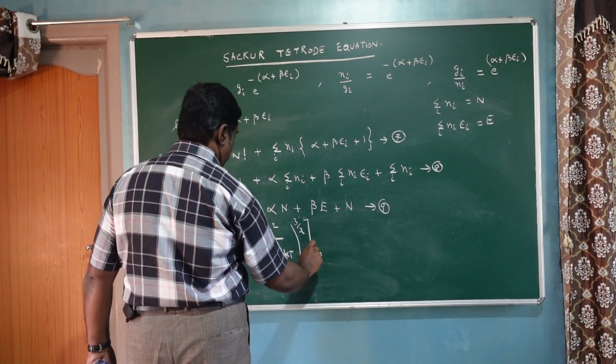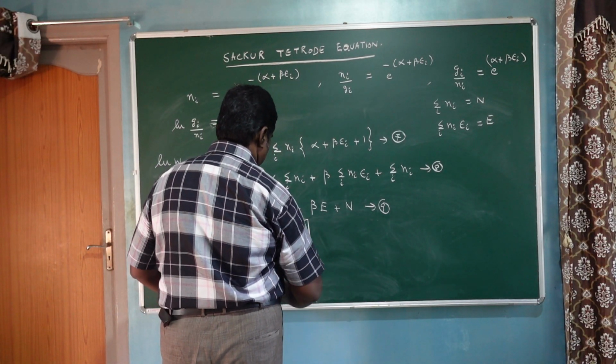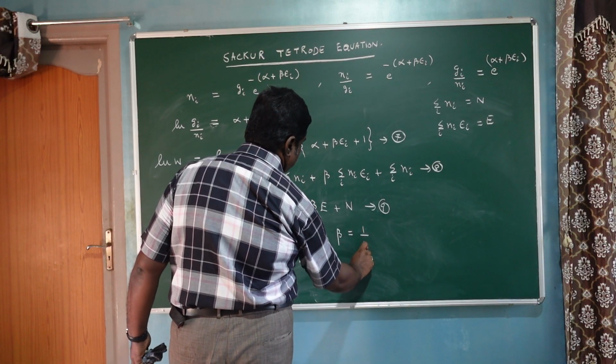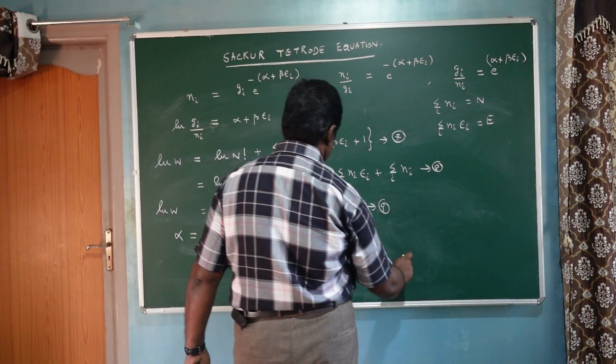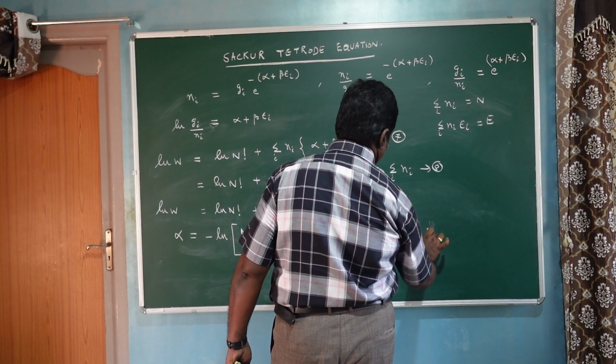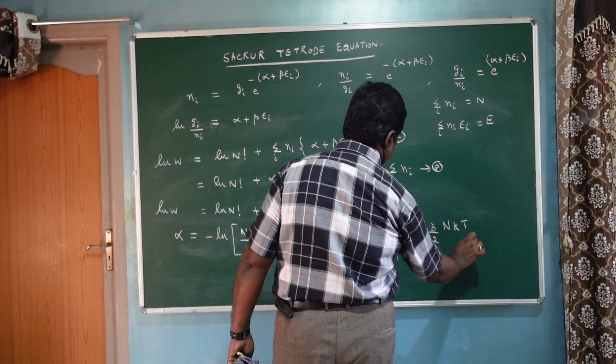This is the value of alpha. Then the value of beta is 1 by kT. Then E equal to 3 by 2 N kT.